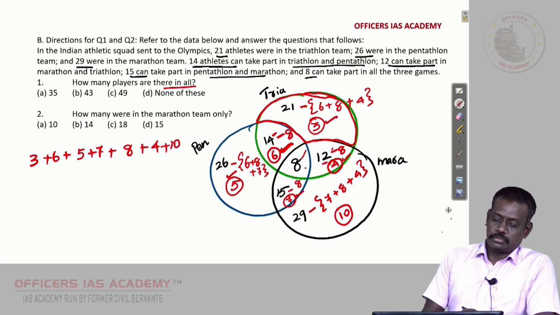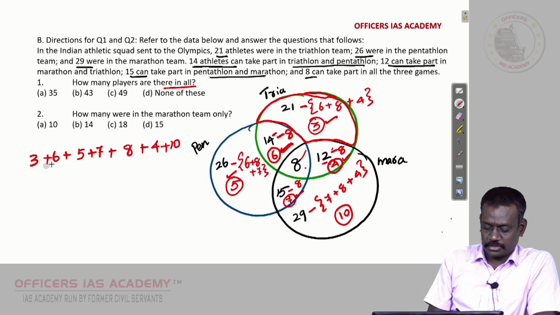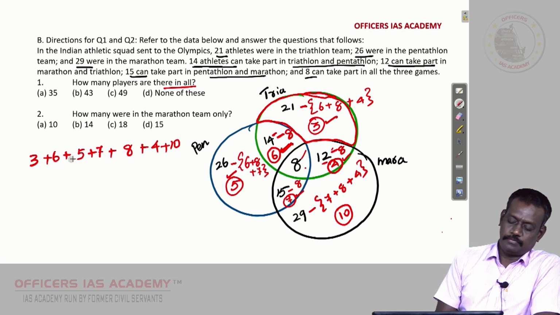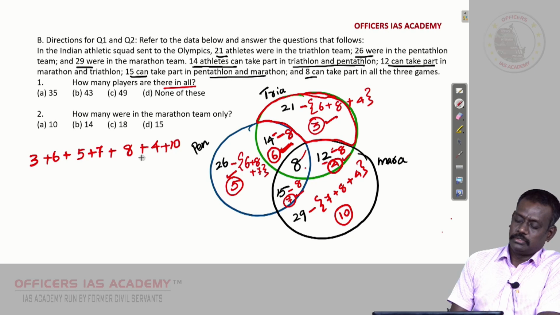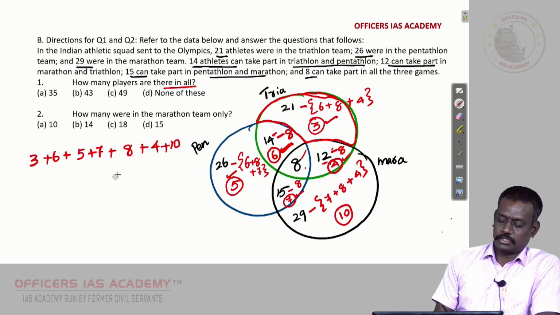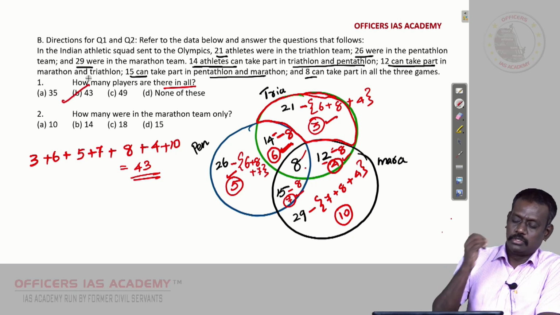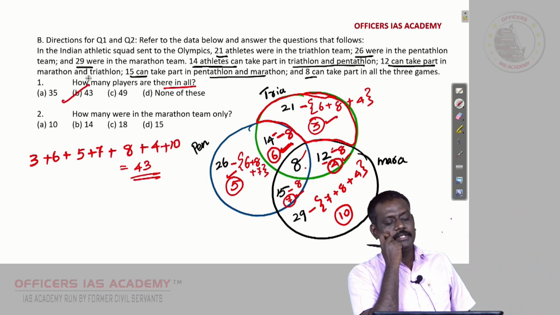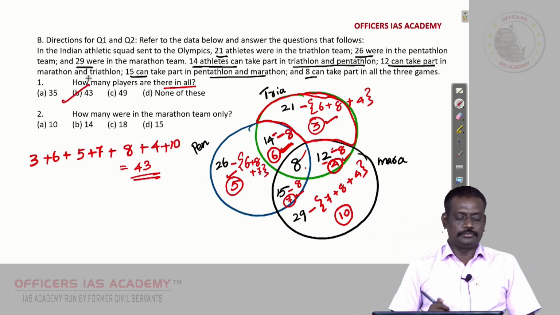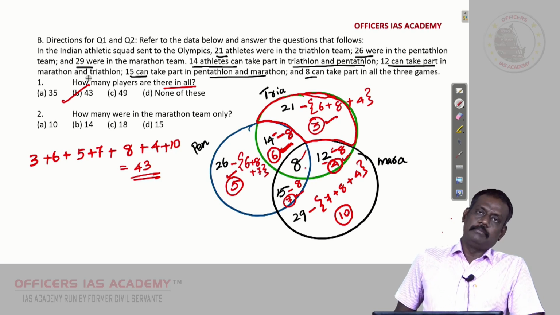Okay, so just add it. So 3 plus 6 is 9, 9, 14, 21, 29, 39, 43. So add it, you will get 43. So totally 43 players are there in all.